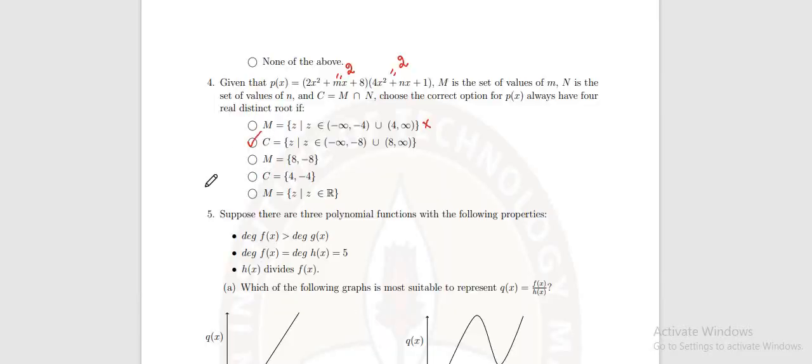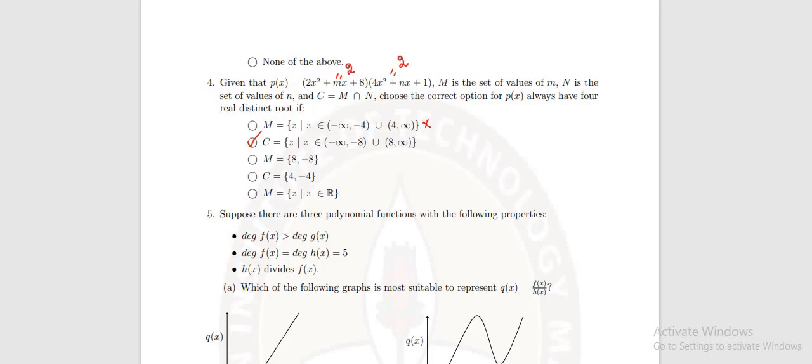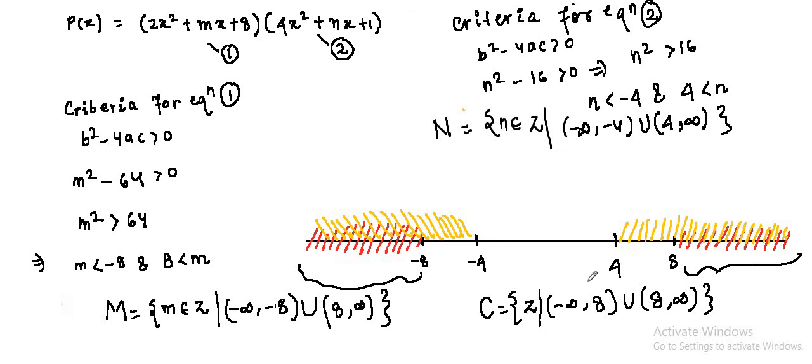But let's check the other options also. Here m is equal to 8 comma minus 8. So the range is given between minus 8 and 8, but no, we did not get the range from minus 8 to 8 because the condition does not get satisfied. So option C is also incorrect. The same goes with the next option. You will find that the intersection that we obtained was not minus 4 to 4, rather it was something like this.